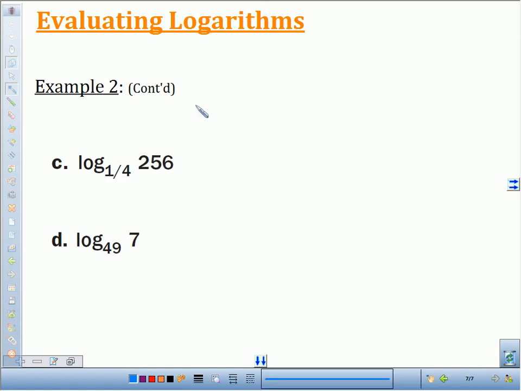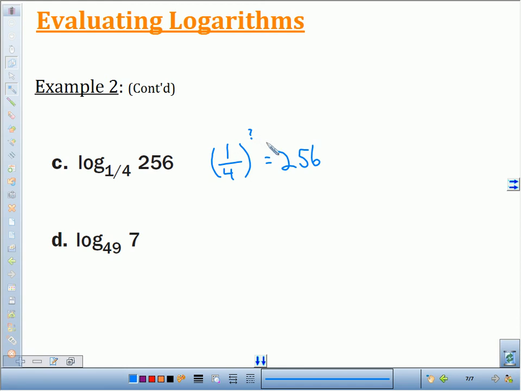Do a couple more of these. Here I have log base 1/4 of 256. So again, I ask myself, what power do I raise 1/4 to get it equal to 256?